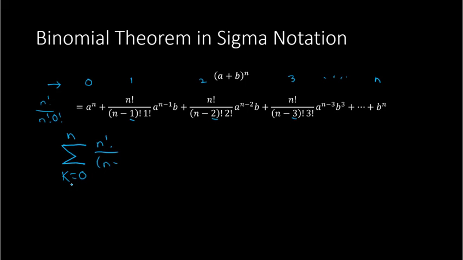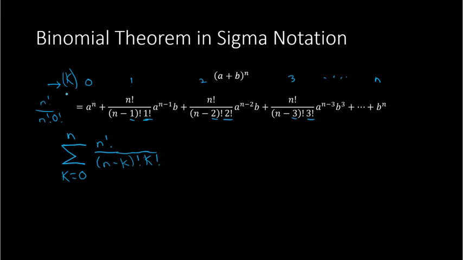So we're going to do n minus k, factorial, times k factorial, since we have 1 factorial, 2 factorial, 3 factorial, etc., the same number as the term number. So again, k is representing the term number.